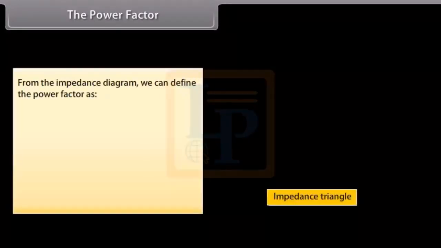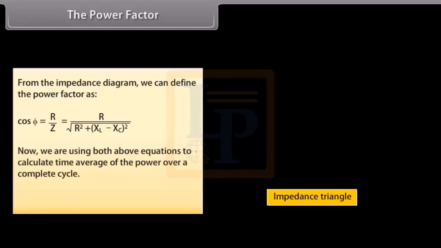From the impedance diagram, we can define the power factor as cos phi equal to R upon Z, which is equal to R upon under root R square plus (XL minus XC) square. Now, using both above equations to calculate the time average of the power over the complete cycle, P bar is equal to Irms square times R.